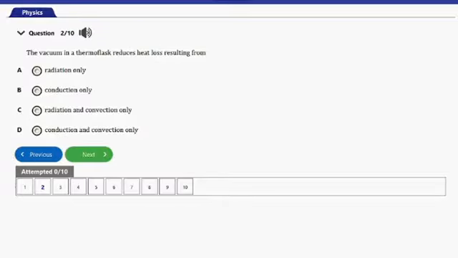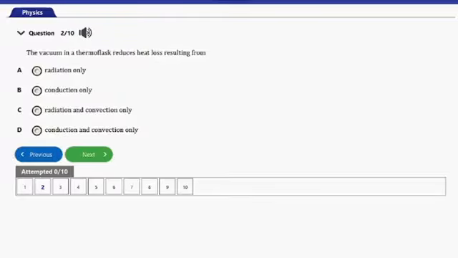So guys, the vacuum in a thermal flask reduces heat loss by conduction and convection only, because these are the two processes of heat loss that actually require a material medium for their propagation. So you notice that radiation can occur even when there is no gas, liquid or solid medium.